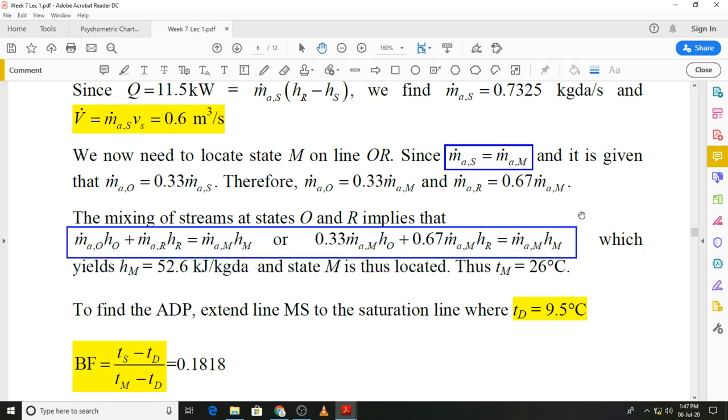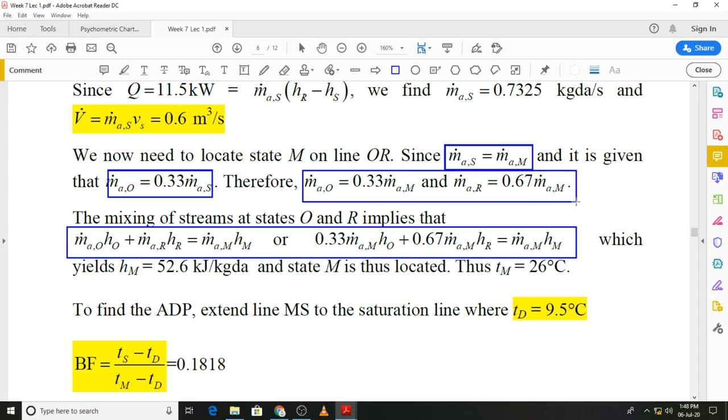In the solution, we will replace the expressions for m dot ao and m dot ar by the equivalent expressions, 0.33 times m dot am and 0.67 times m dot am.